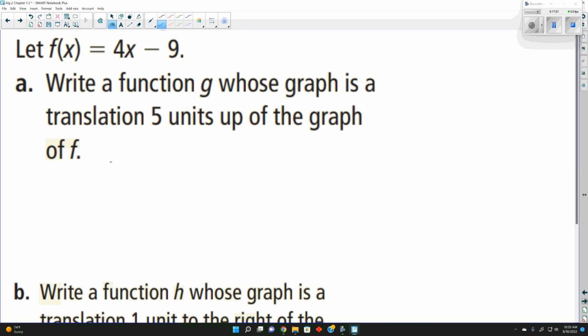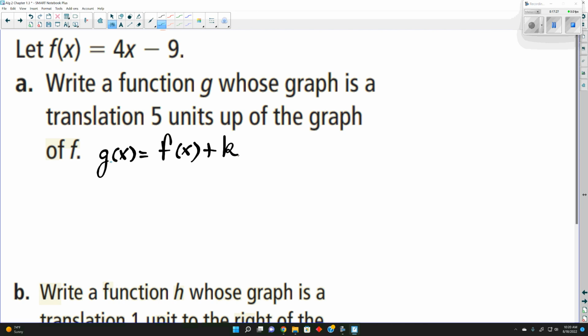Now the first one here, we want to write a function g whose graph is a translation 5 units up of the graph f of x. So we're talking about g of x is equal to f of x plus k. Does it matter if we use g of x or h of x? It does not matter.